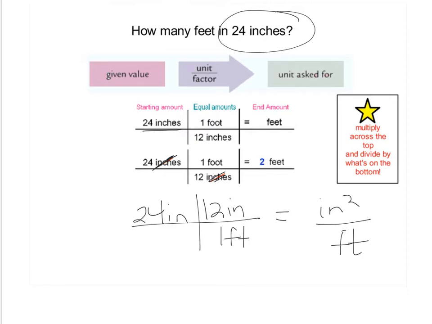So I know I've set this up wrong. I always want to set it up so that my units cancel out and I'm left with only what the problem asked for. So there are 12 inches in 1 foot, and then you just multiply across. 24 times 1 divided by 12 will get you 2 feet.